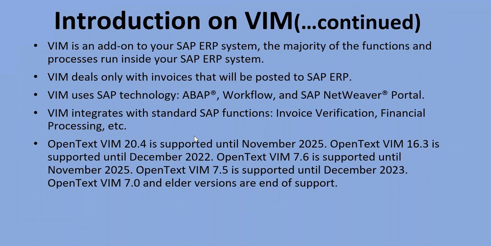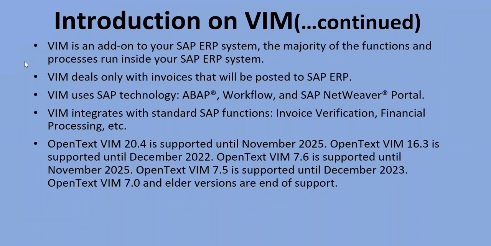Just to understand, Vim sits before the SAP T codes, that is MIRO and FP60. There are a lot of controls that we put within Vim, and once the process is complete, just before posting, whenever an AP processor or AP team tries to post an invoice, the transactions MIRO and FP60 are called in the background.